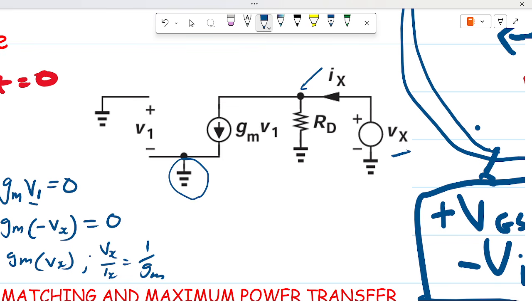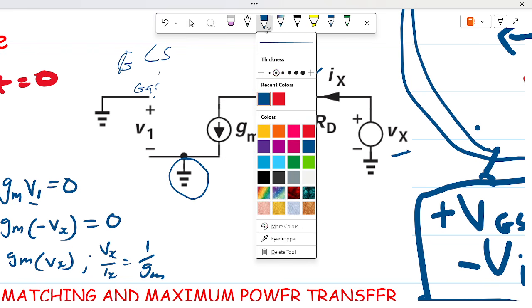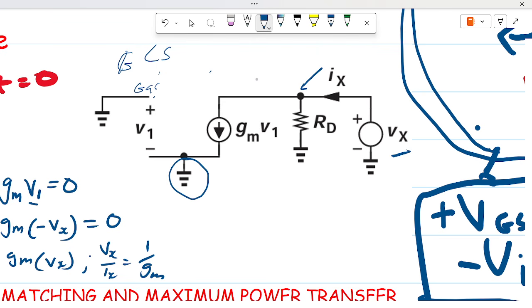So once the input terminal has been set to 0, this is not different from the common source stage, because when you are finding the output impedance, the input is still set to 0. It doesn't matter whether the input was given to the gate or to the source, because either way it will be set to 0. So the output impedances should be the same.